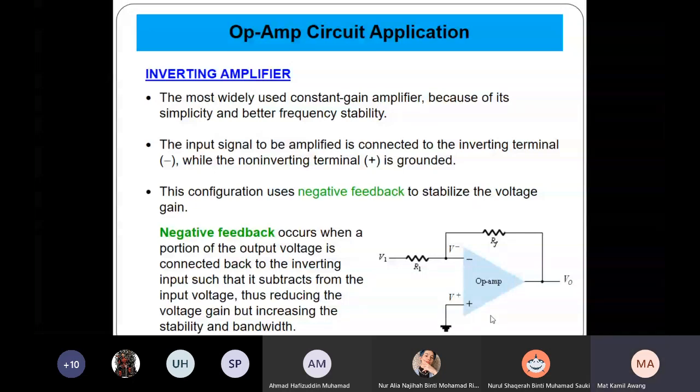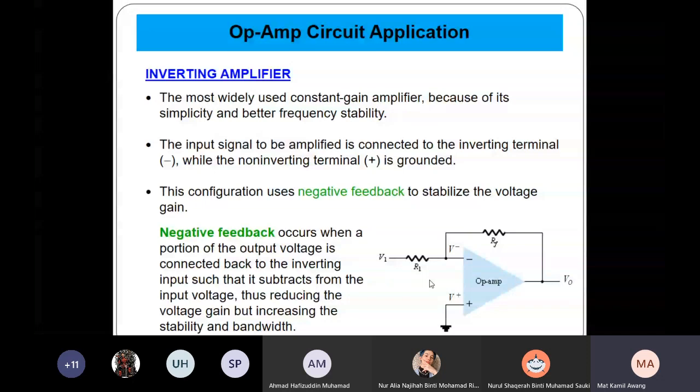The input signal to be amplified is connected to the inverting terminal. This is the minus terminal, while the non-inverting terminal is grounded. The configuration uses negative feedback to stabilize the voltage gain. To control the gain of this inverting amplifier, you control the value of RF and R1. We will see later.